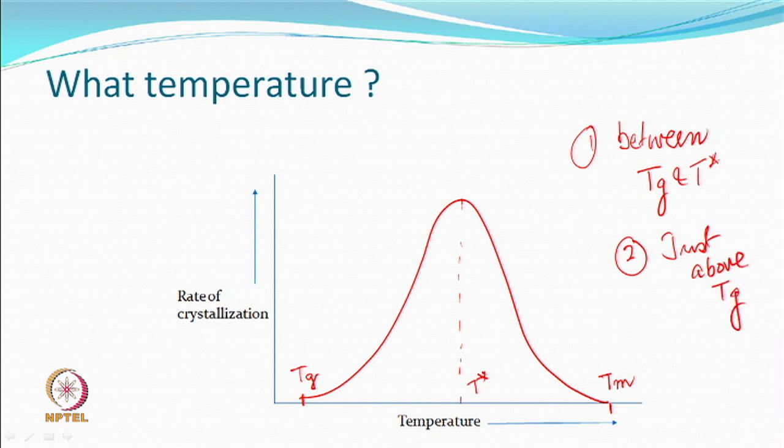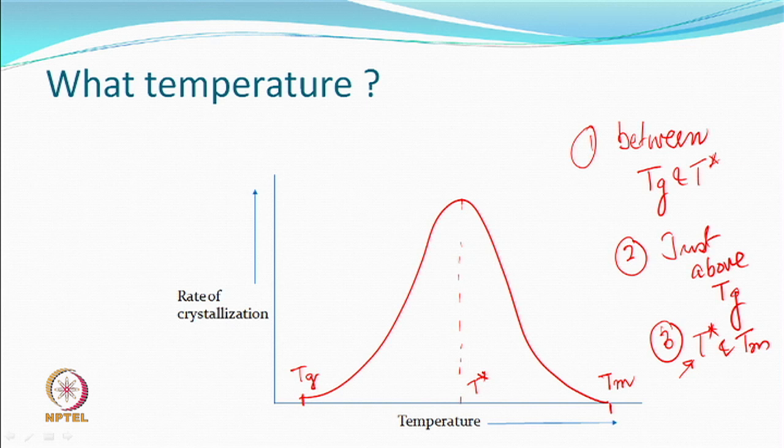Any other option? There was another one also between T star and Tm. Okay, between T star and Tm. Good. So we have a large range. We have covered everything.